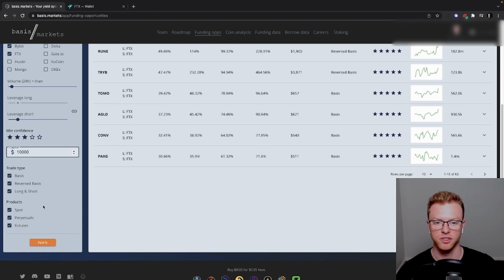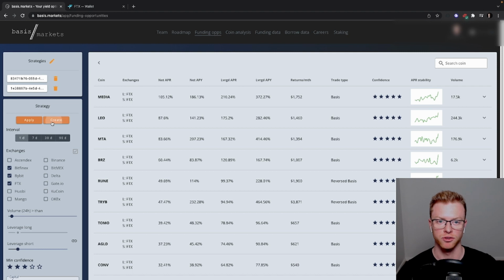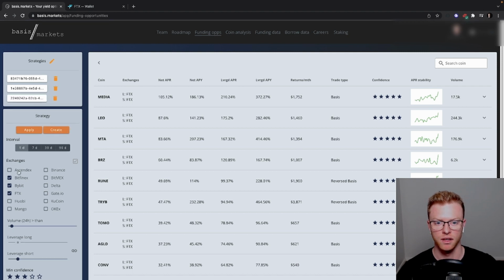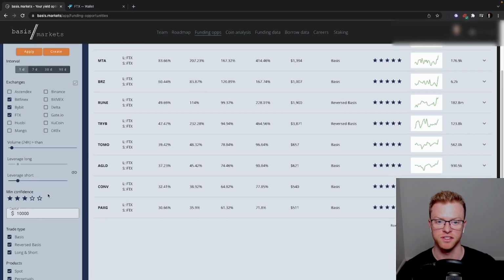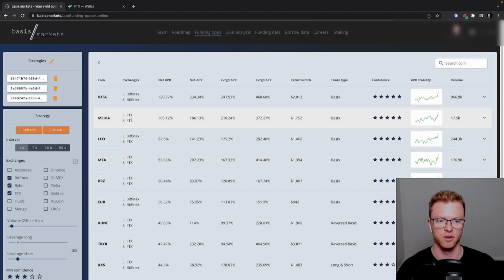And we want all of the trade types and all of the products to pop up. So now we'll create that strategy, and then if I click back on that strategy, you can see it repopulates the filters for me, and then we go to apply. And there you see, now you've got Bitfinex, you've got FTX, you've got multiple exchanges popping up, whereas previously you only had FTX popping up.